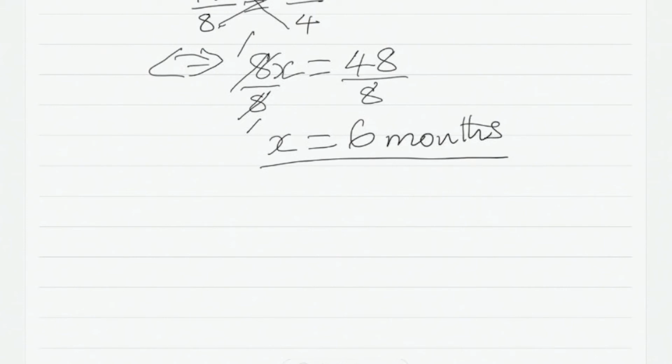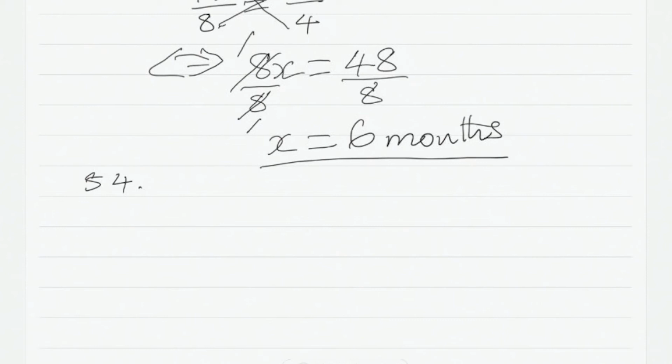Let's come to question number 54. Order the integers below from the smallest to the biggest.